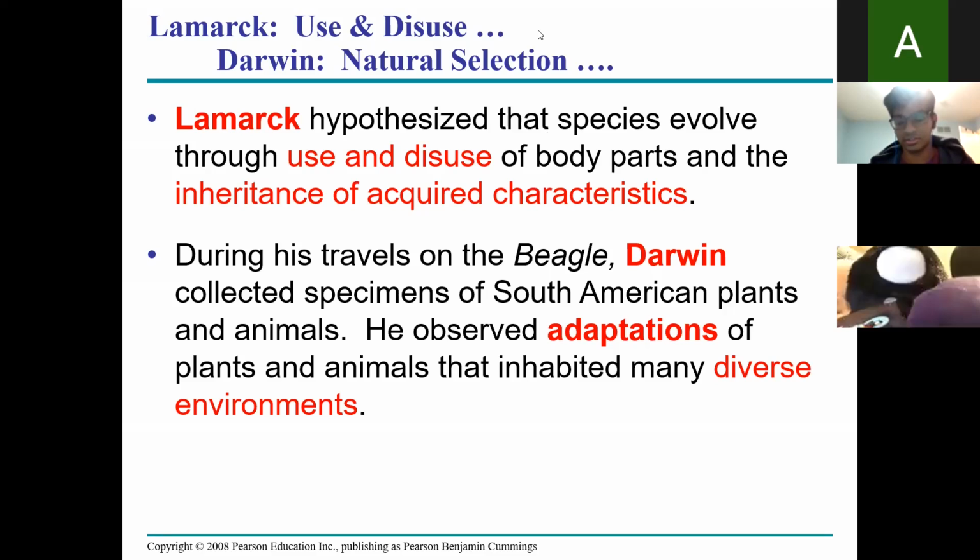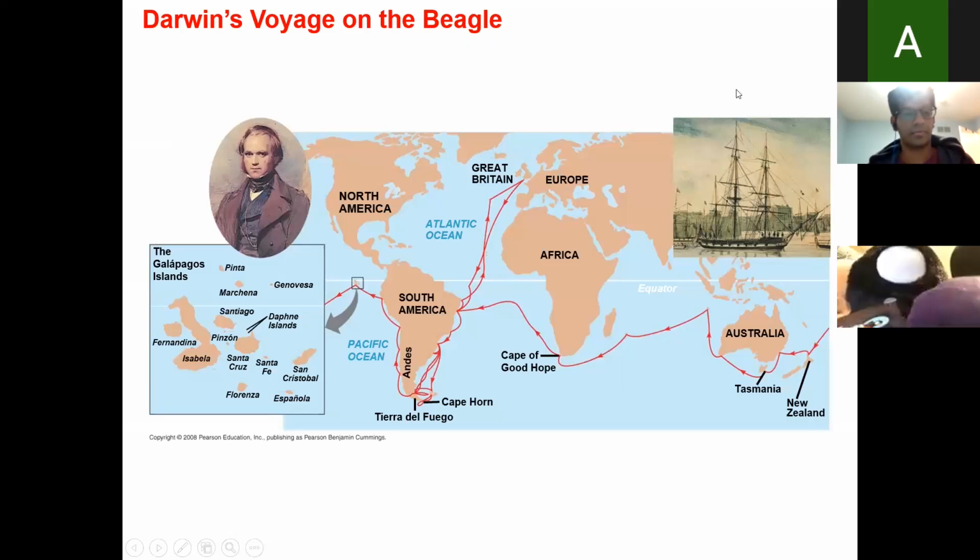Okay, so of course, Darwin traveled all over the world collecting species, and you've probably heard of this before, but Darwin made that realization of evolution when he went to the Galapagos Islands, and he observed a lot of interesting things there.